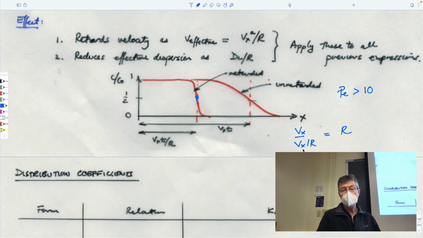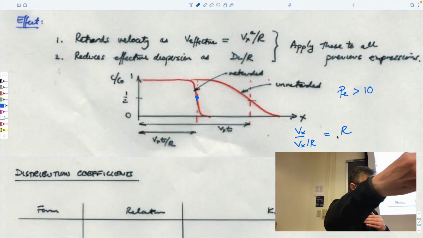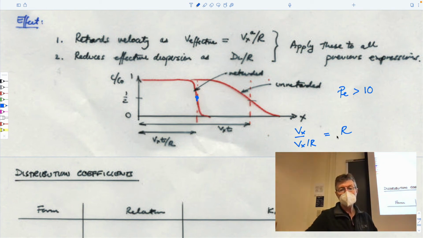So in other words, the ratio, if you measure a non-conservative velocity which is equal to 10 meters, and your retardation coefficient is 2, then the real front has gone 20 meters. It's just the ratio of those two velocities. And so what we could do is we could use this definition to be able to define the magnitudes of how far the front's gone. And so the other way we could do it is the retardation would be the length traveled by the conservative front divided by the length traveled by the non-conservative front.